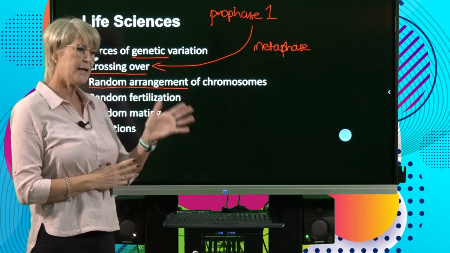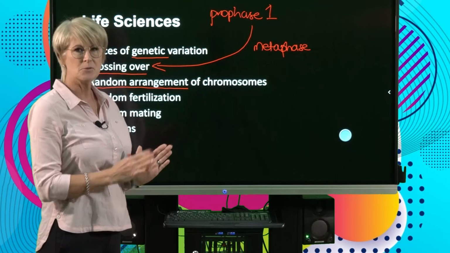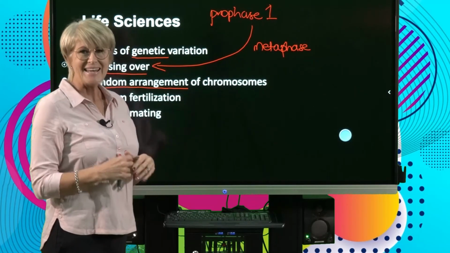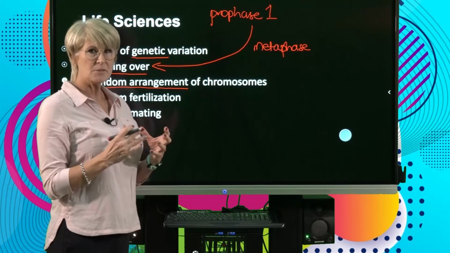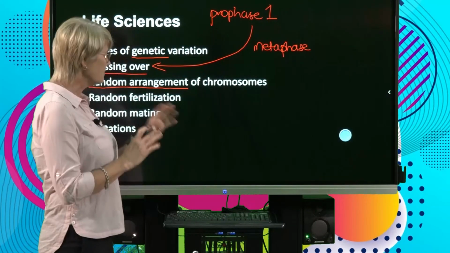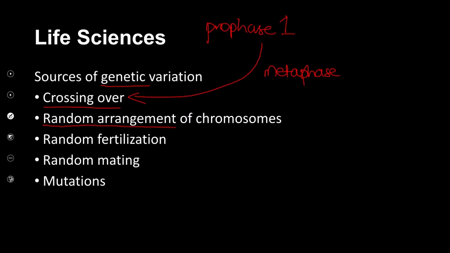We don't have to have all the maternal chromosomes on one side and the paternal on the other. It's just random. Every single time that meiosis takes place, those chromosomes randomly line up, so there's never the same sequence, and that also creates genetic variation.